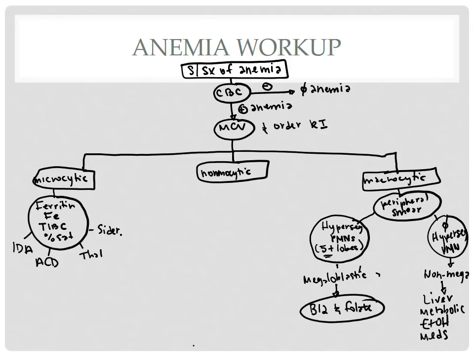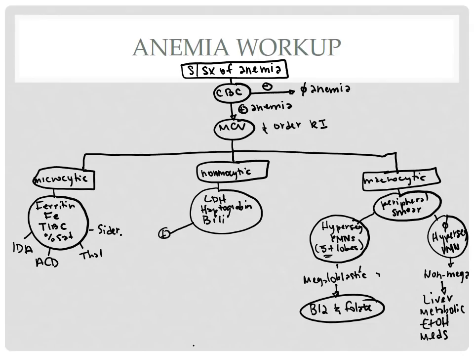And then if you have a normocytic anemia, you should be thinking one of two things. It's either going to be hemolysis or it's going to be blood loss. So what you want to do is do your hemolysis testing, so your LDH, your haptoglobin, and your bilirubin to look to see if there is hemolysis.